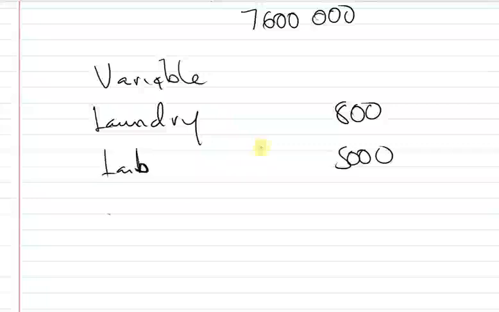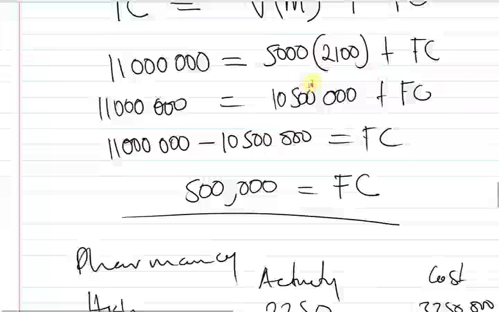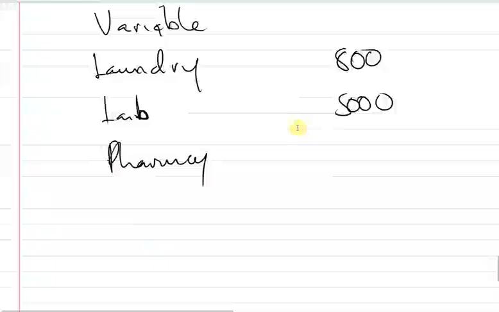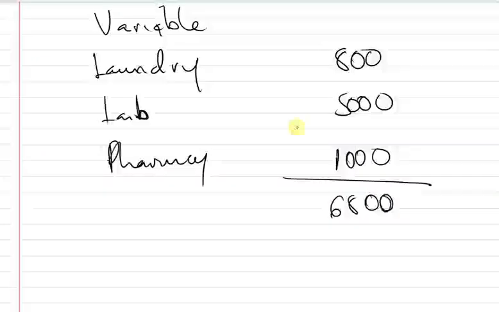For lab and pharmacy, I found that it was 1,000. So this is variable cost per unit. So if I add them together, I'll find 6,800. So this is per unit.